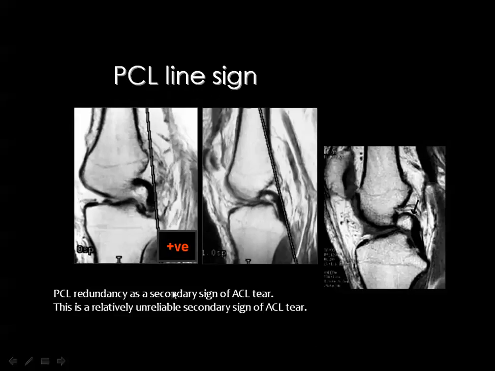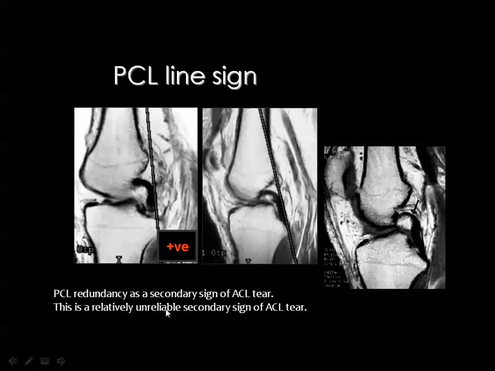Normally, if you draw a line tangential to the vertical part of the posterior cruciate ligament, this line will cut the femoral surface. But if the ACL is ruptured and the tibia is displaced anteriorly, then this vertical part of the posterior cruciate ligament will be more vertical, and this is known as buckling of the PCL.